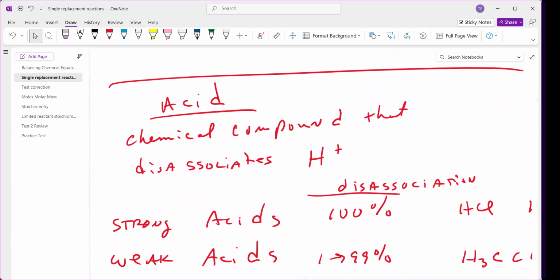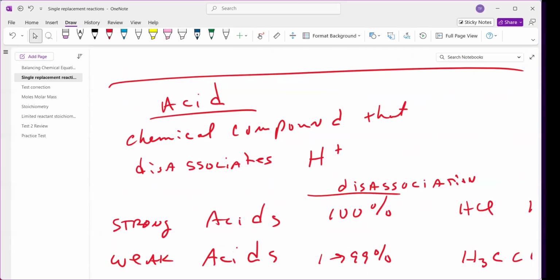So this is a definition of an acid. Dissociates H plus. Now, a lot of compounds have H's in them. Not all of them are acids, though. Some compounds, like acetic acid, have H's that don't dissociate and H's that do.